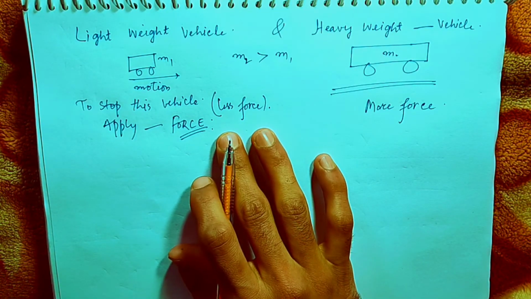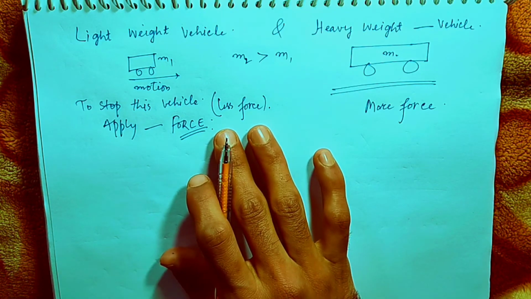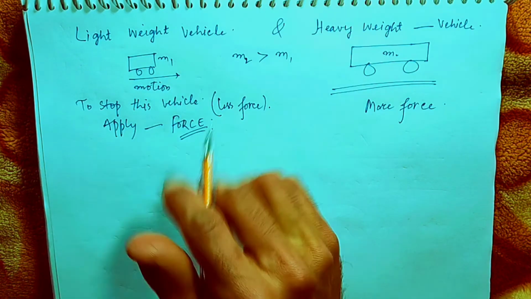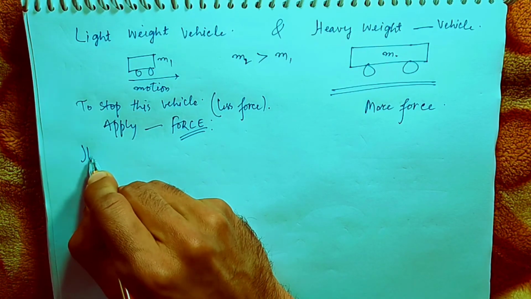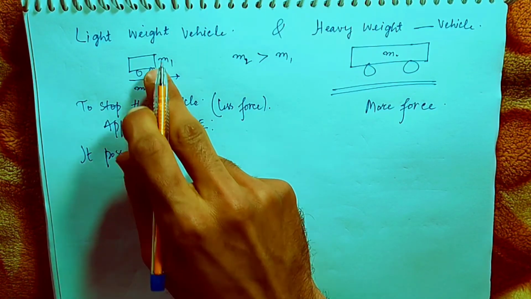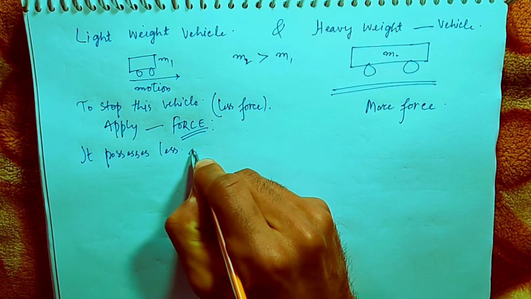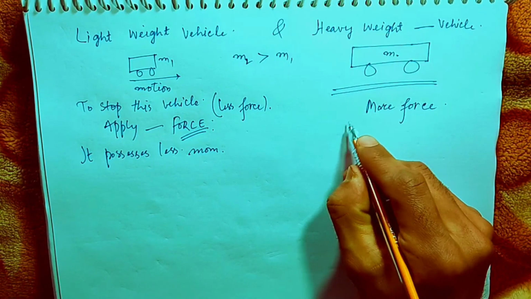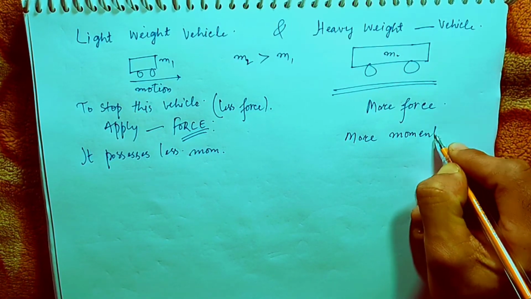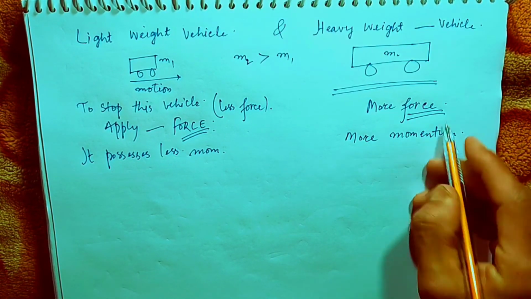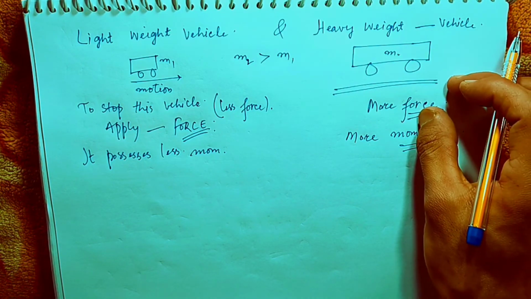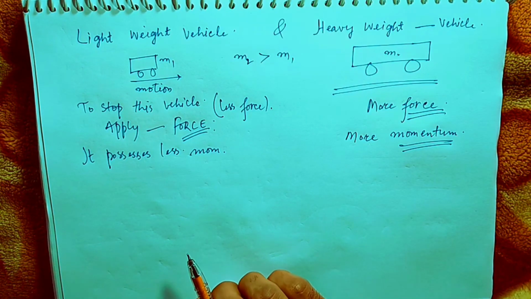The vehicle needing more force possesses more momentum, and this one possesses less momentum by comparison. So force is an indirect measure of momentum, or momentum is an indirect measure of force.